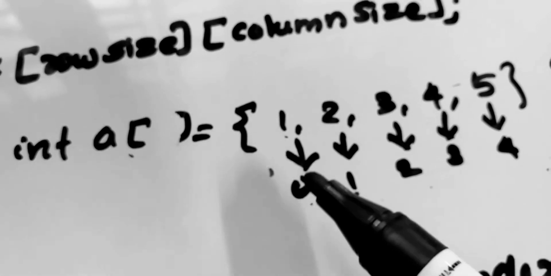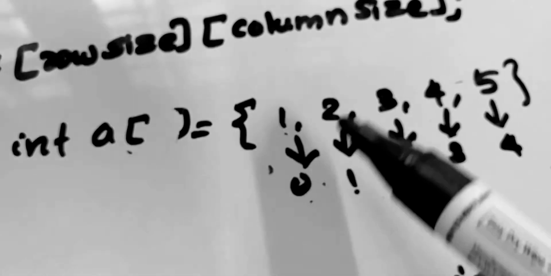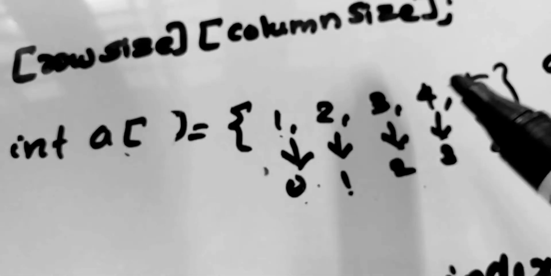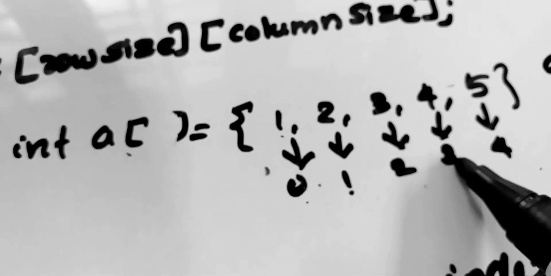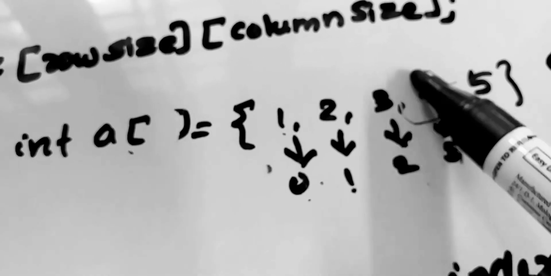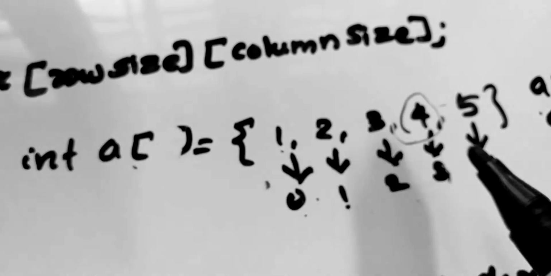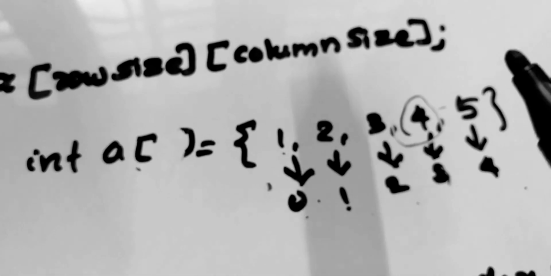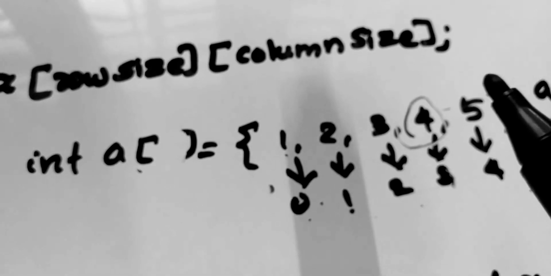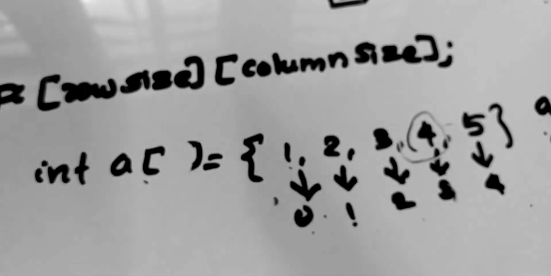When we take the location a of 0, there will be the element 1. So what is the address of a of 3? The element in that location is 4. What is the address of a of 4? It is 5. So I hope this is clear for you.